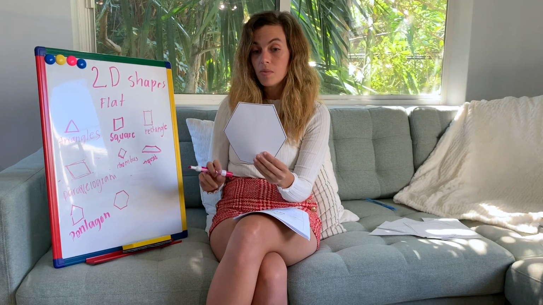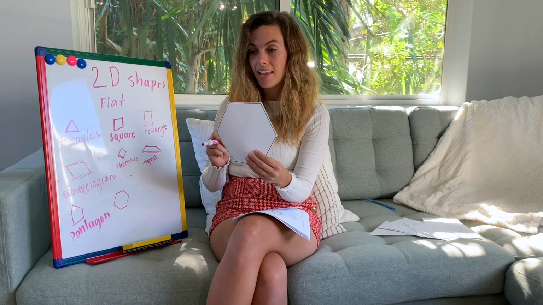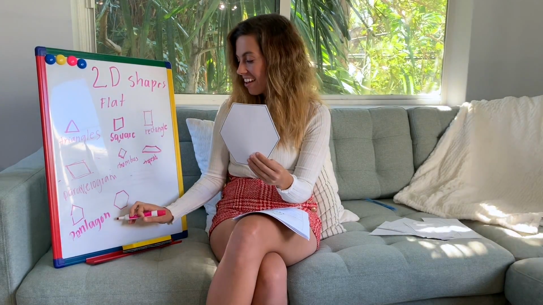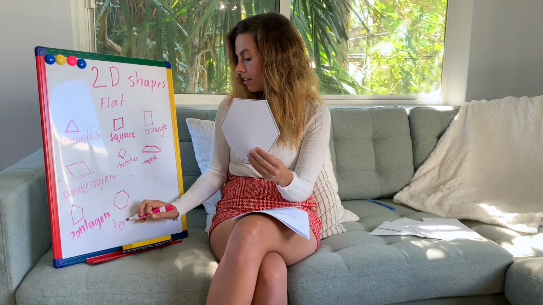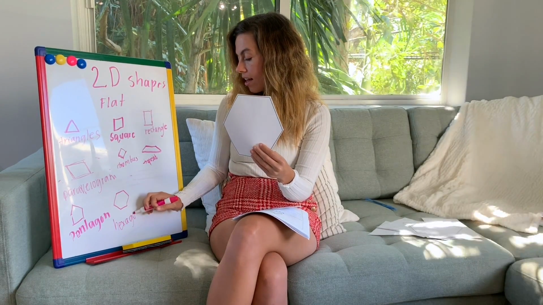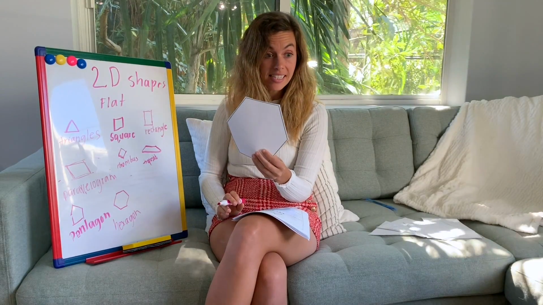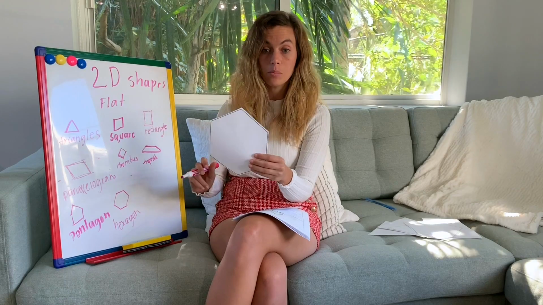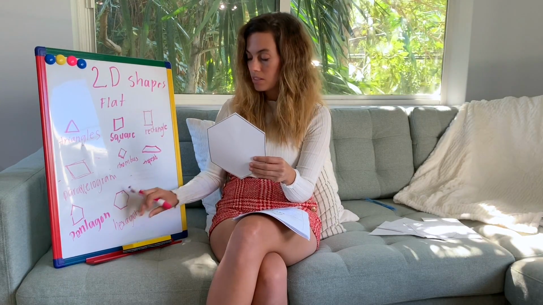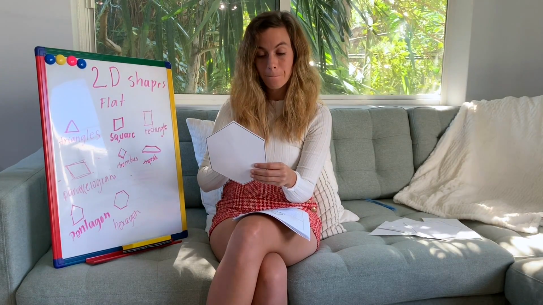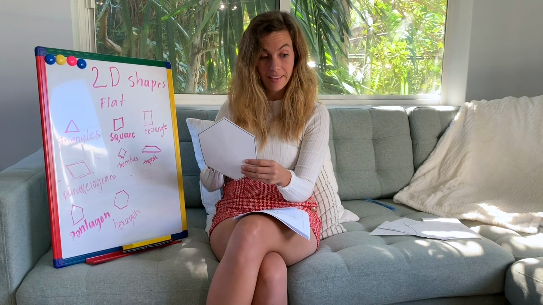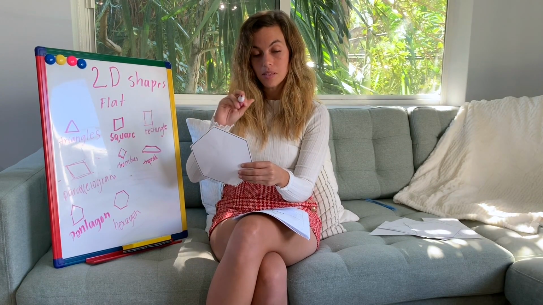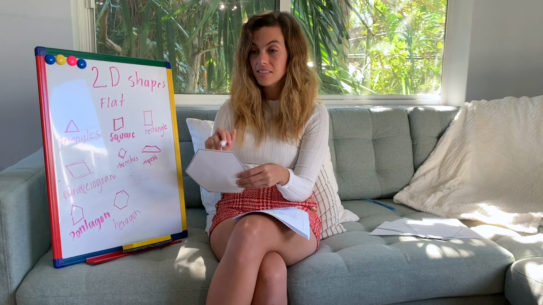Any shape that has 6 sides is called a hexagon. Good, hexagon. Hexagons have 6 sides, and pentagons and hexagons are both in soccer balls. Where else might you see a hexagon? Okay, a beehive, yeah. The little shapes in beehives are hexagons.